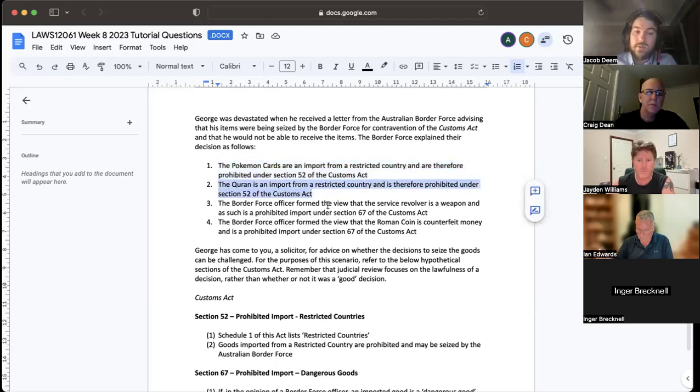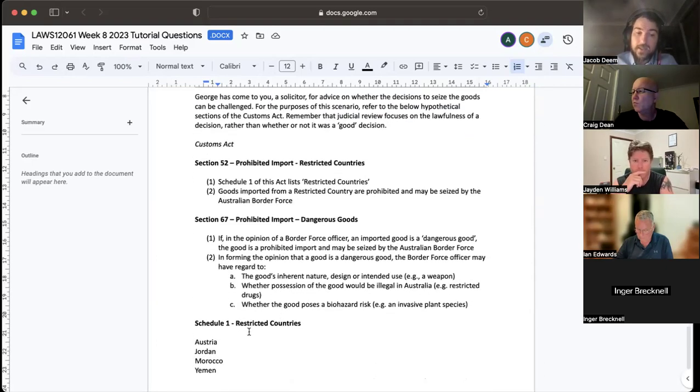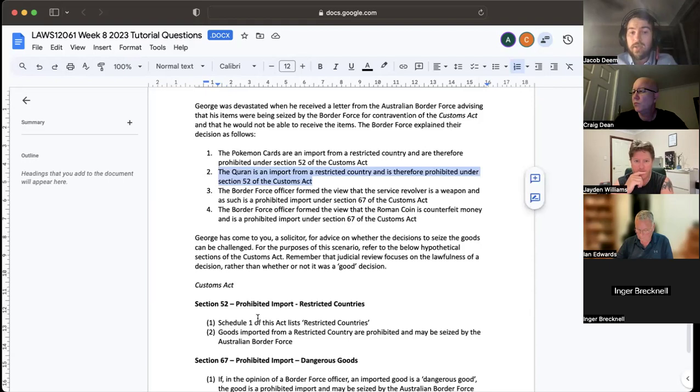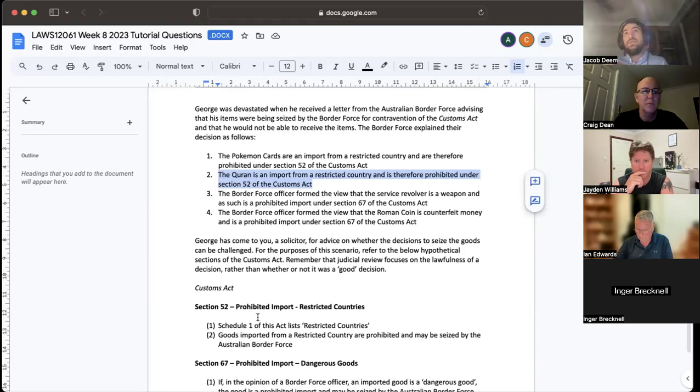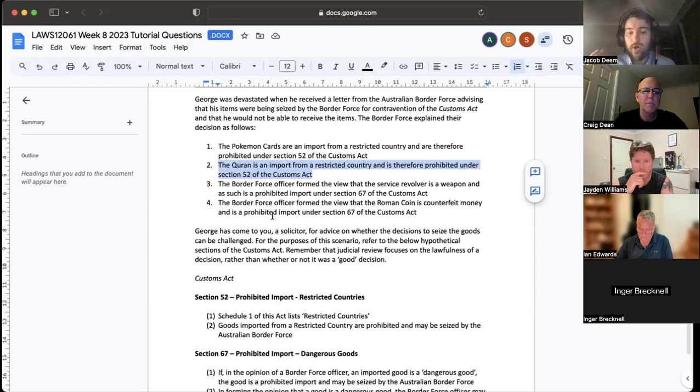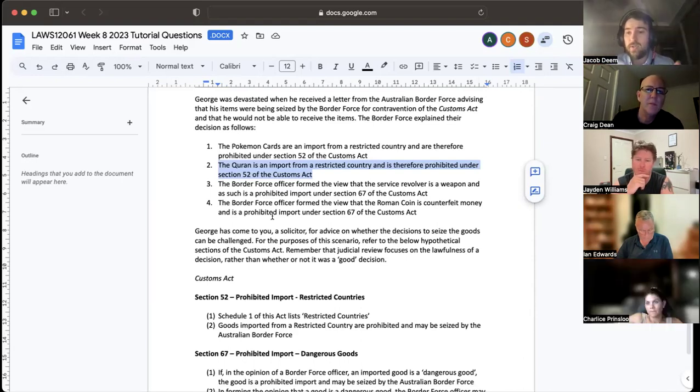Compare that to item 2, the Quran from Jordan, which is listed under the schedule as a restricted country. That means that the decision maker is operating in an area in which they do have jurisdiction. The act says to them, you can decide to seize something if it's from a restricted country. This is from a restricted country, therefore it's fair game.